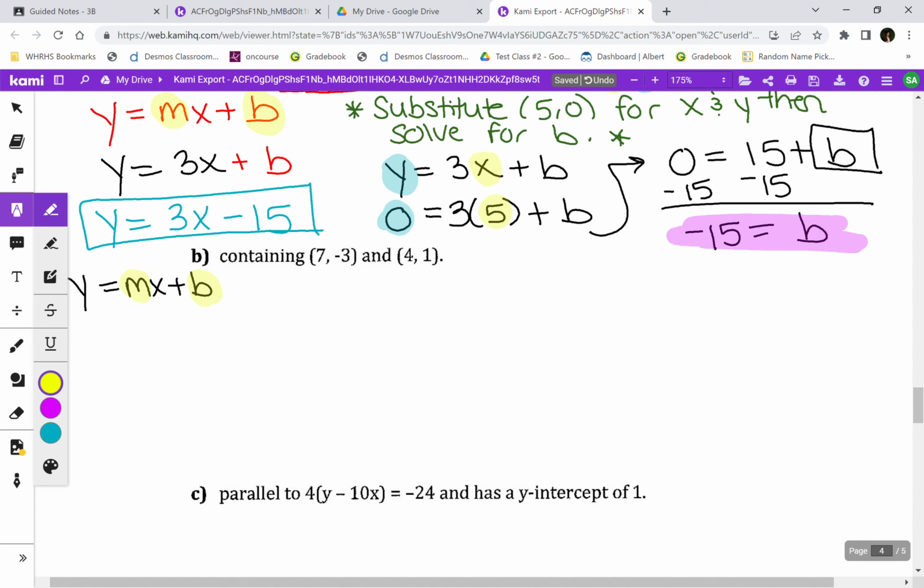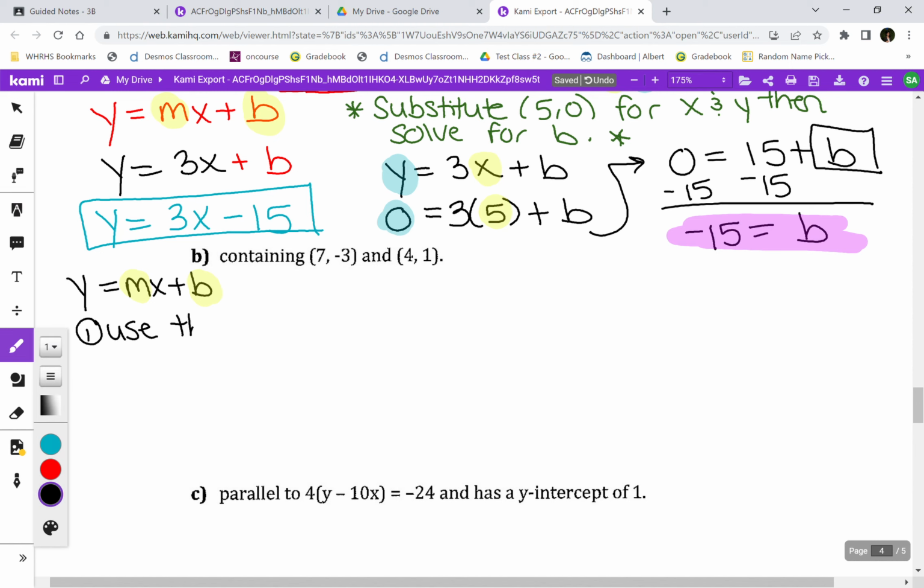We need to get a value for m and a value for b. So my first step, write it out, use the 2 points to find the slope. Don't we have a formula if we have 2 points how to find the slope?